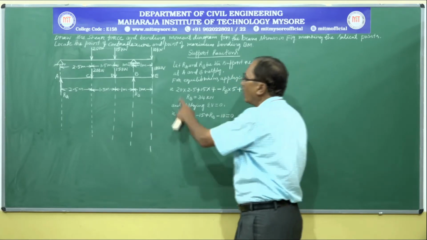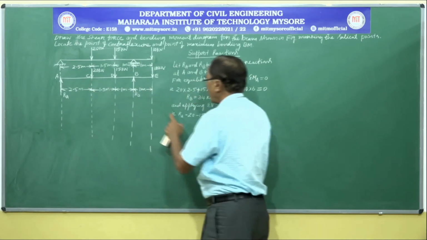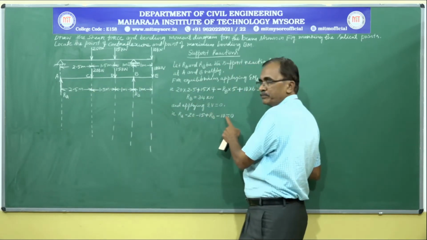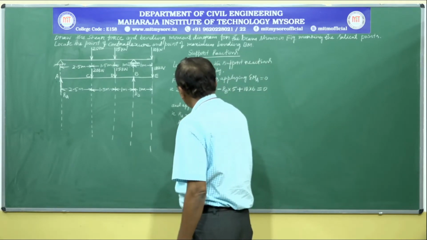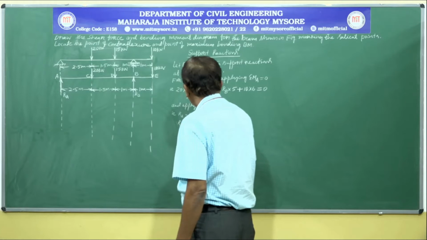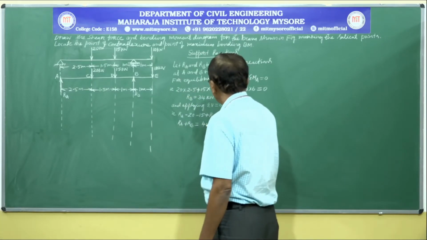So, we consider all the point loads including support reactions, 1, 2, 3, 4, 5. So, RA plus RB is equal to 45.